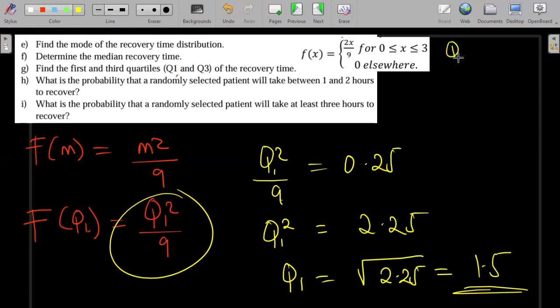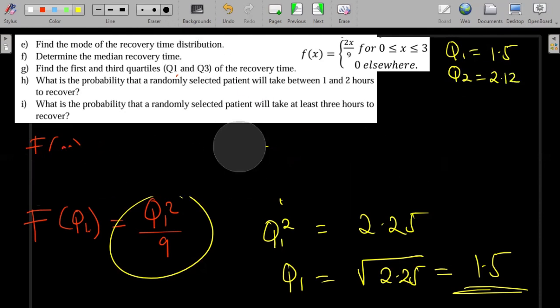So we can write it here: Q1, we found, was 1.5. The median, which is the same as Q2, we had found was 2.12. So now let's find Q3.